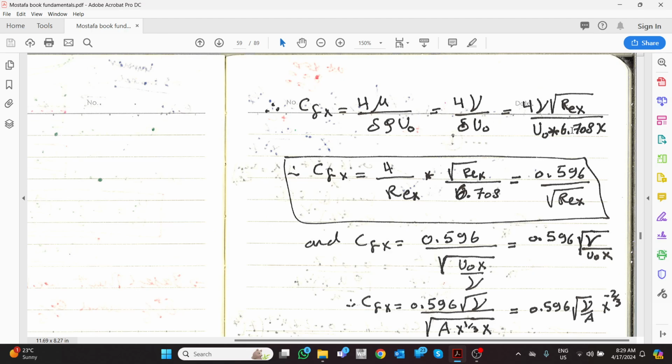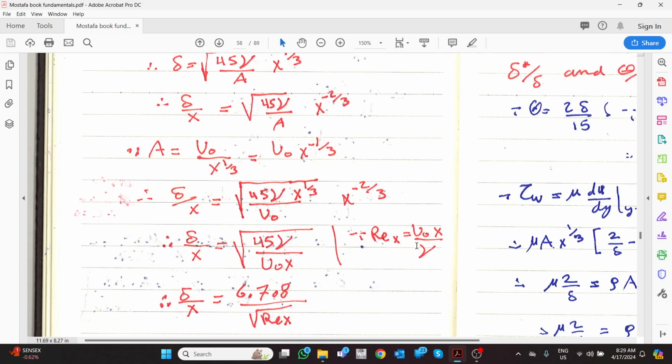What is happening here is just manipulation, because we need to get it in terms of the Reynolds number. It is 4u multiplied by this term. You see this term with u naught and x is the inverse Reynolds number, and this one is Reynolds number. So this one by this, it will be root down, and this will be the numbers, and it will be like this. Okay, just manipulation to get it.